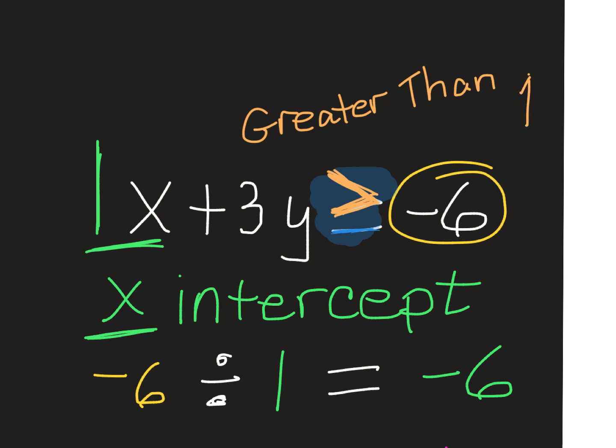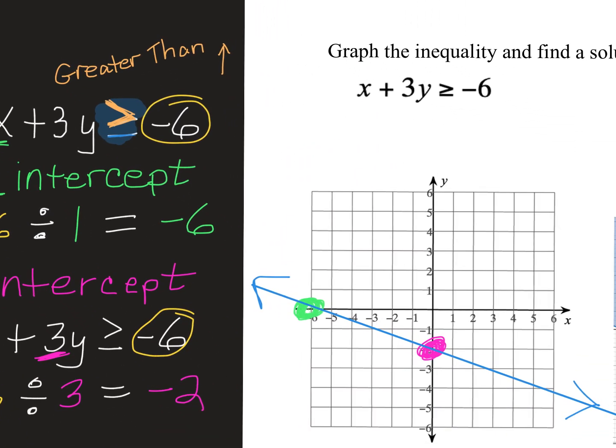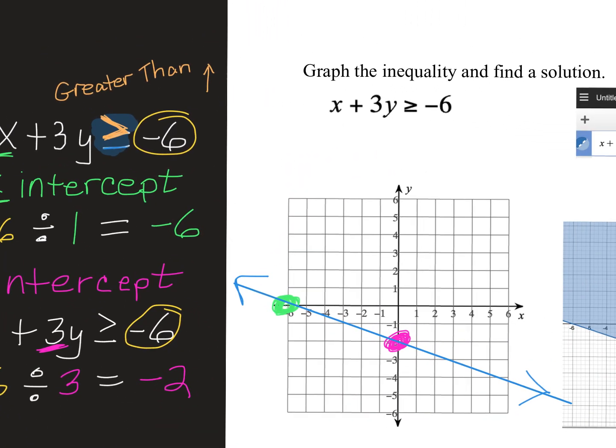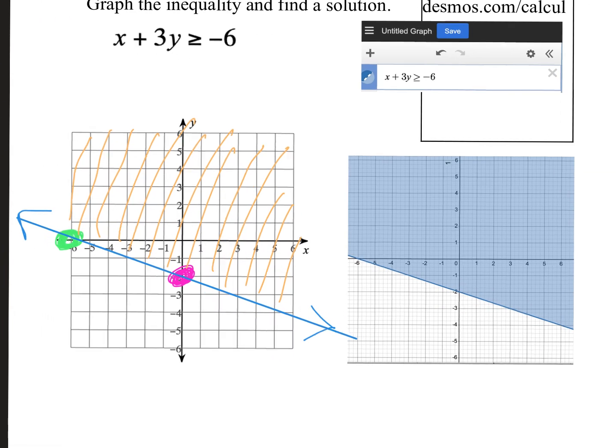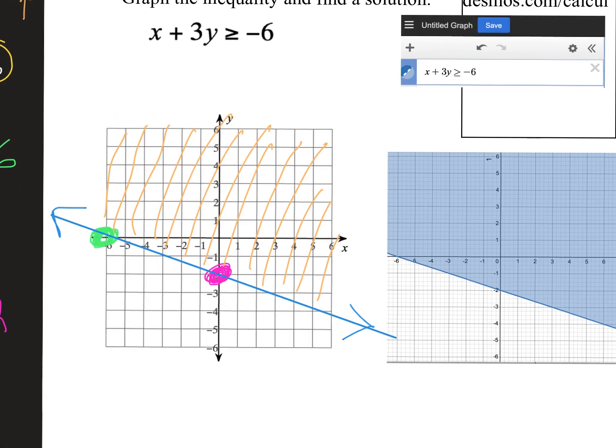You think of them as being up. So that is why on the graph here we are going to shade above the line, because that is greater than.